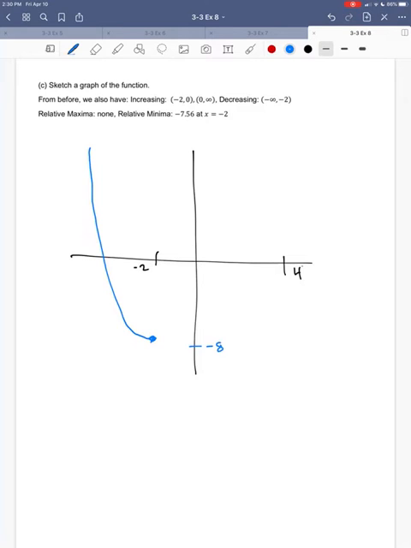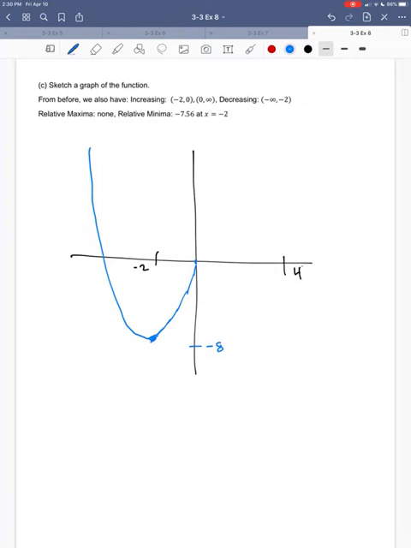Now from negative 2 to 0, it's increasing, but it stays concave up from negative infinity to 0 as well. So it's going to come up like this and hit this point 0, 0, which we know is on the graph.